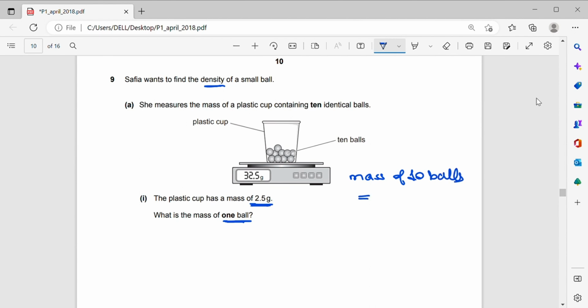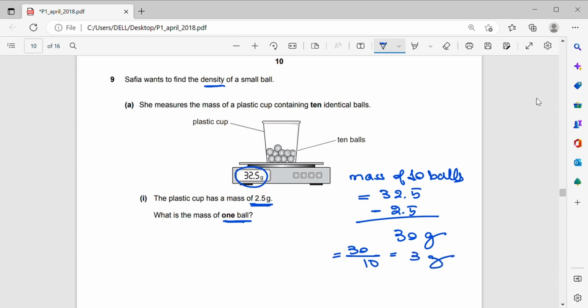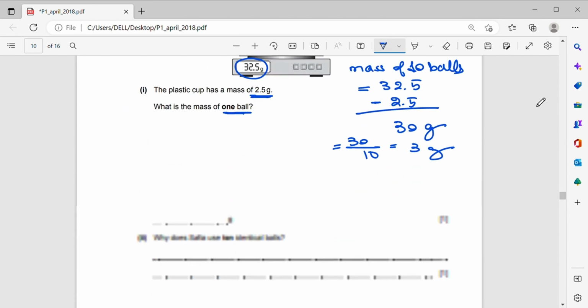It is equal to the mass of the cup and the balls together, which is 32.5, minus the 2.5. So we have 30 grams. 30 grams is the mass of the 10 balls. We need the mass of one ball, so 30 divided by 10 is equal to what? 3 grams. So the answer is 3 grams.